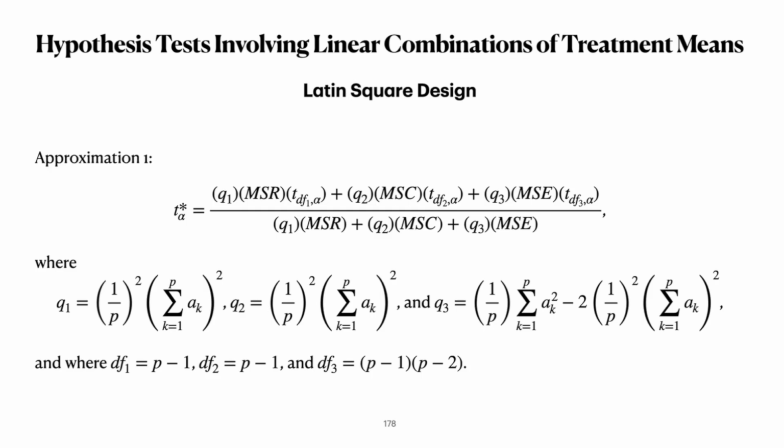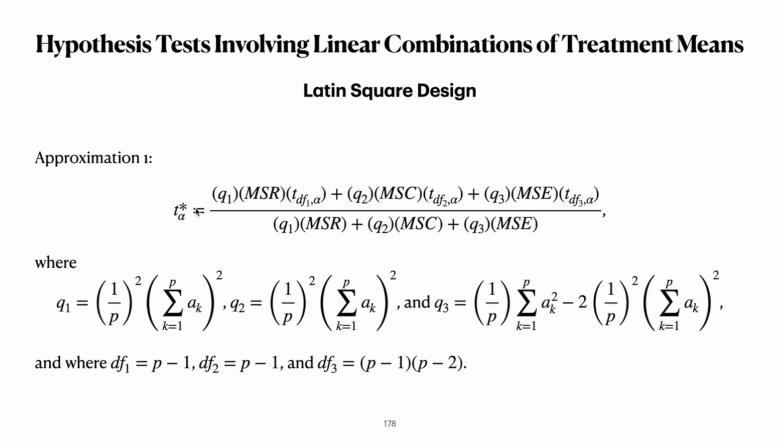And so approximation method 1 approximates the critical point directly, and this is the formula for that critical point. It is a linear combination of t-values here. For computing this, we see that degrees of freedom 1 and degrees of freedom 2 are both equal to p minus 1, and degree of freedom 3 that shows up here is equal to p minus 1 times p minus 2.